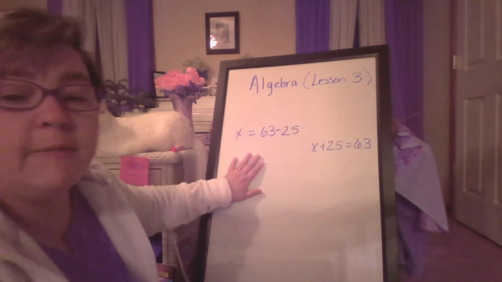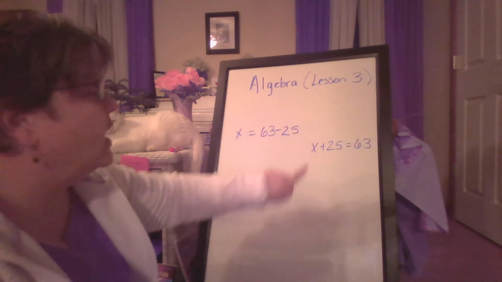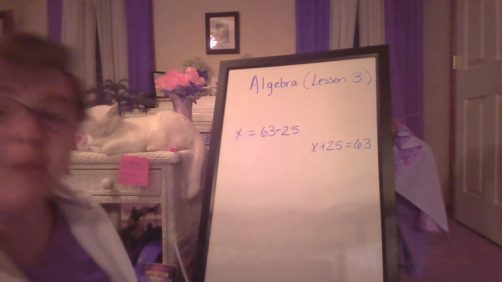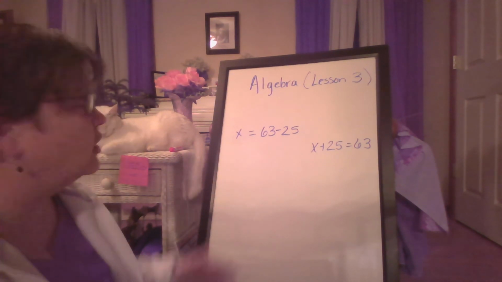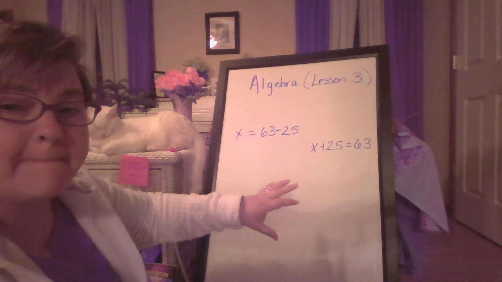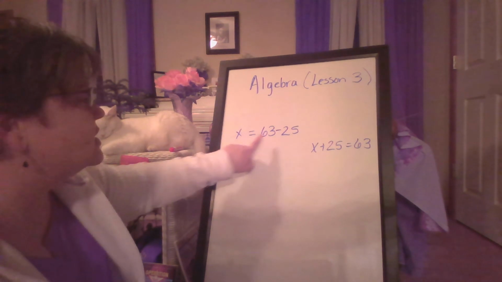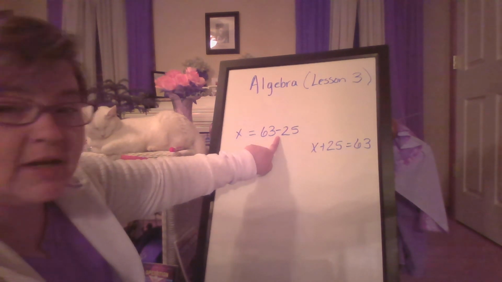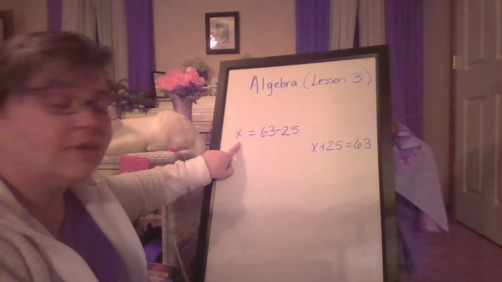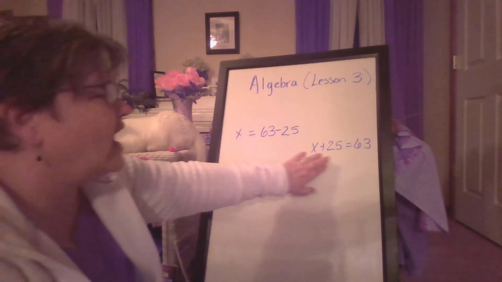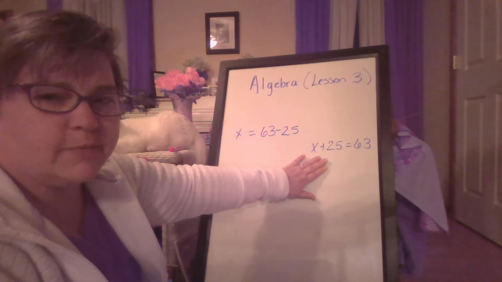Okay, look at these two equations. X equals 63 minus 25. X plus 25 equals 63. Those equations are the same, but one of them looks easier. The first one looks easier because the 63 minus 25 is on one side and the X is all alone on the other. Here we have numbers on both sides. This one is in algebra form.